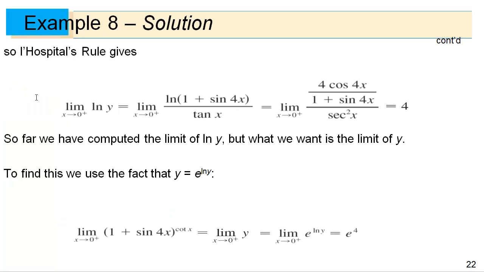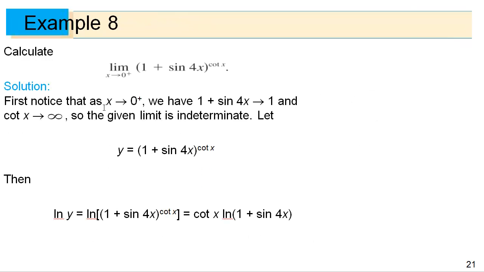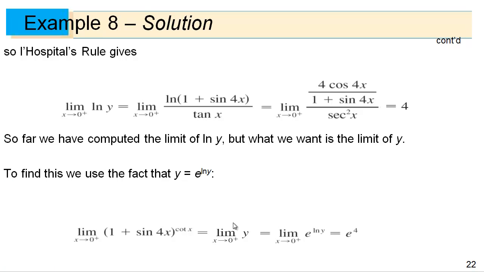Now we can take the limit of the natural log of y, because we just made a straight swap. We're just going to call all this stuff y. But if we take the natural log of this, we now get this seemingly easier stuff. So now we're going to take the limit of that natural log of y, which means we're going to take the limit of this stuff.